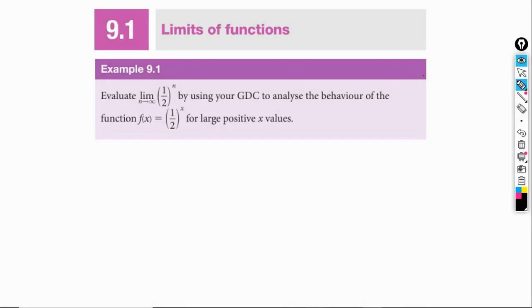Okay, so now we jump straight into 9.1, which is limits of functions. That's the topic. Example 9.1: evaluate the limit as n approaches infinity of (1/2)^n by using your GDC, your graphing display calculator, to analyze the behavior of the function f(x) = (1/2)^x for large positive x values.